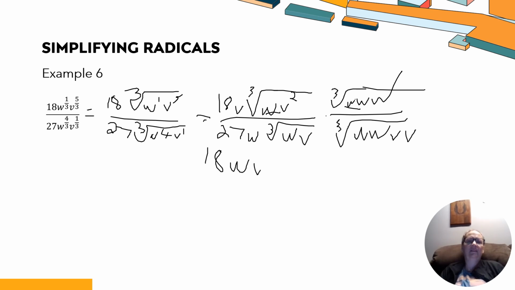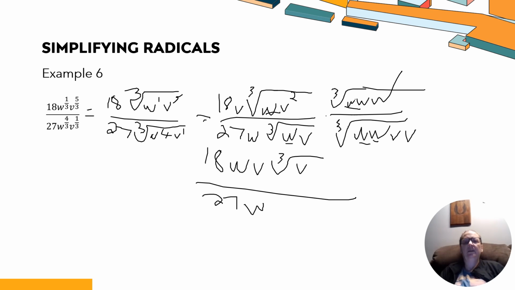So one of the v's is going to come out and one of the v's is going to stay in. And in the bottom, I have that 27. I have that w that's already on the outside. And now I have 1, 2, 3 w's, so another w comes out. And 1, 2, 3 v's, so a v comes out.